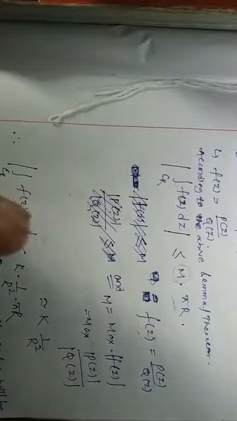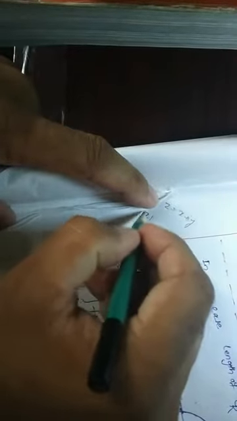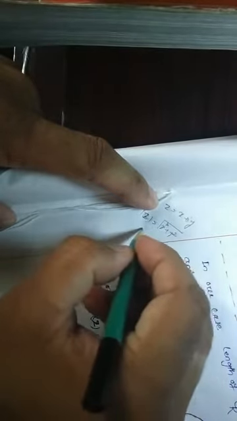Simply, z is equal to x plus iy, so the modulus of z is the square root of x square plus y square, or we can say r, like the radius or the maximum value r, right?